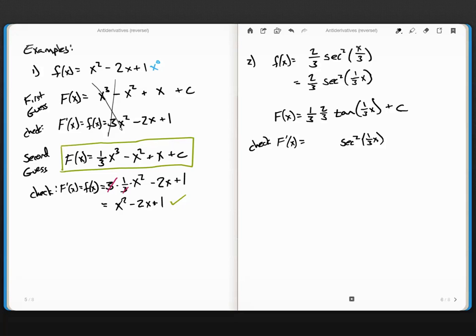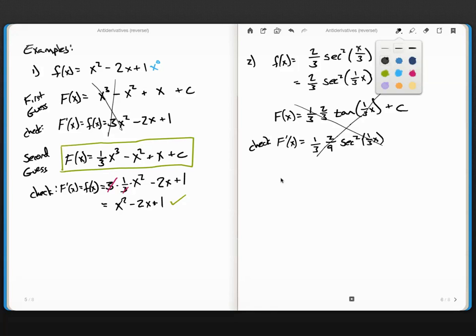And then what happens here, this is going to be the 1/3 and the 2/3, so that gives me a 2/9. But the chain rule says that I've got to put one more 1/3 out there. Oh man, no, that's not right. Let's cross that out. We were close. I knew there's like a 1/3 or a 3 going on.